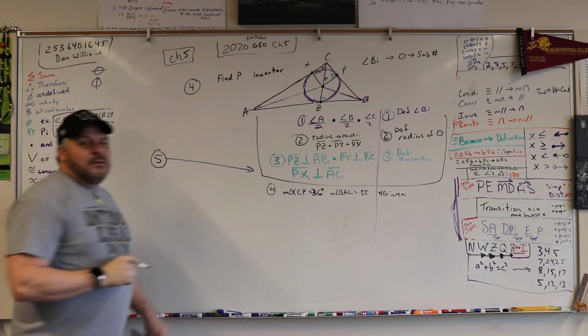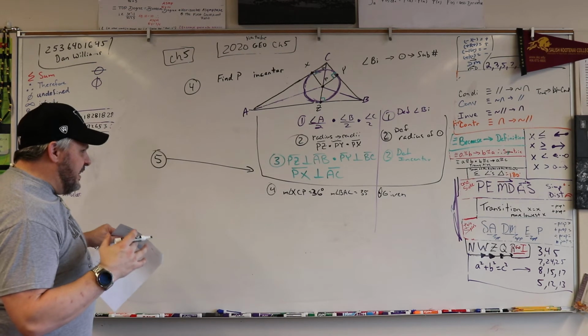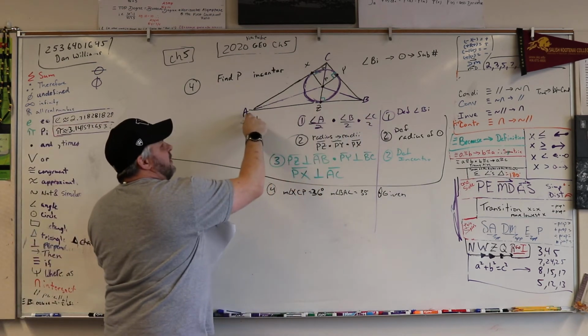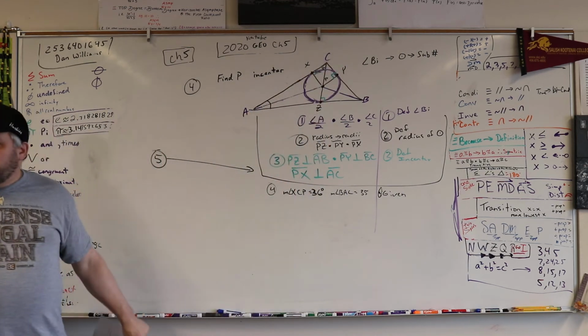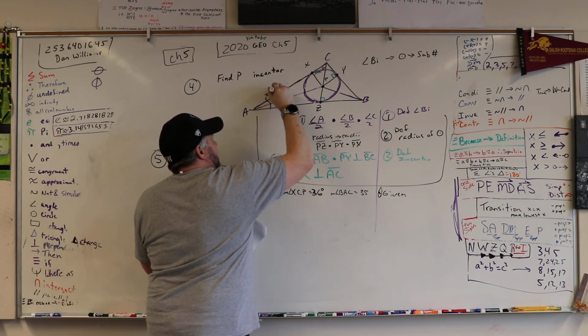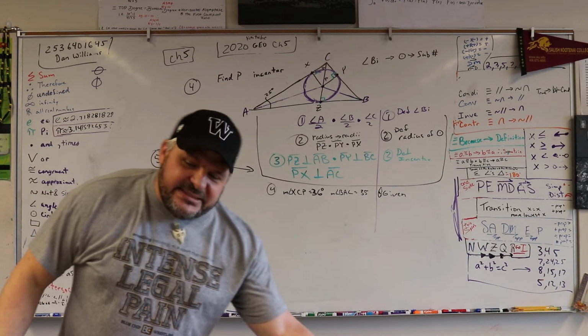Okay, step 4, and it's given. And that is BAC. Where is BAC? Is this whole piece, right? That whole piece is how much? 25 degrees, right? Okay. Now, we know everything in this figure.